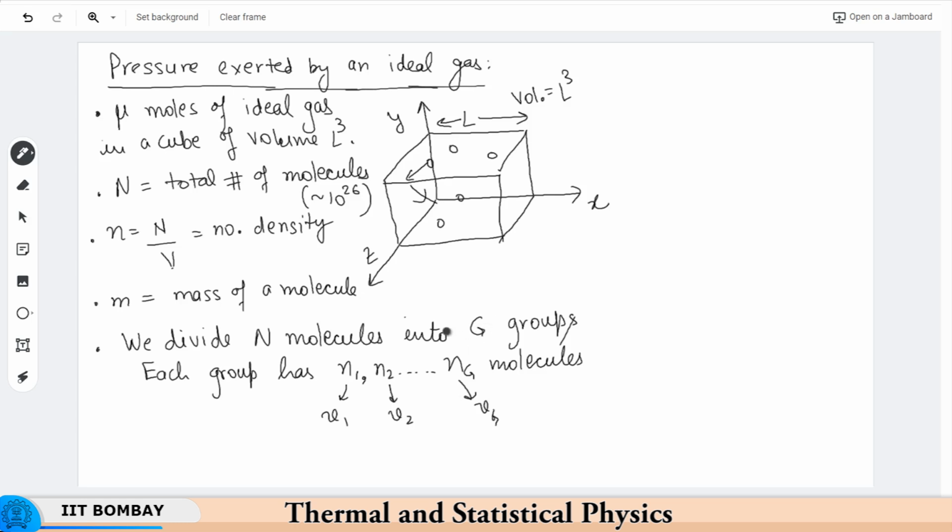And remember G is still a very large number. It might be less than 10 raised to power 26, but it is still very high, so it's statistically a very large number, okay.